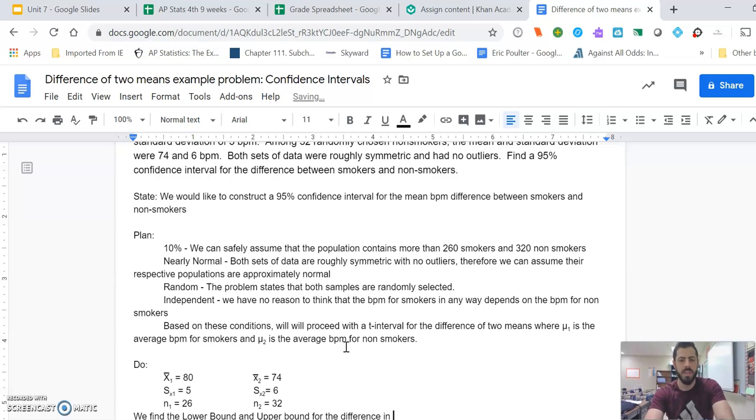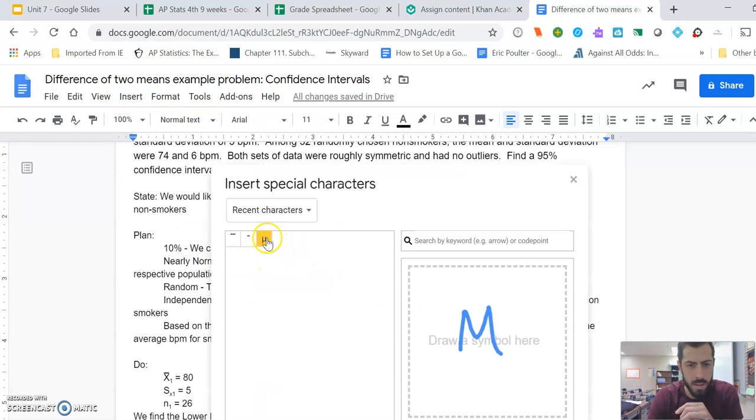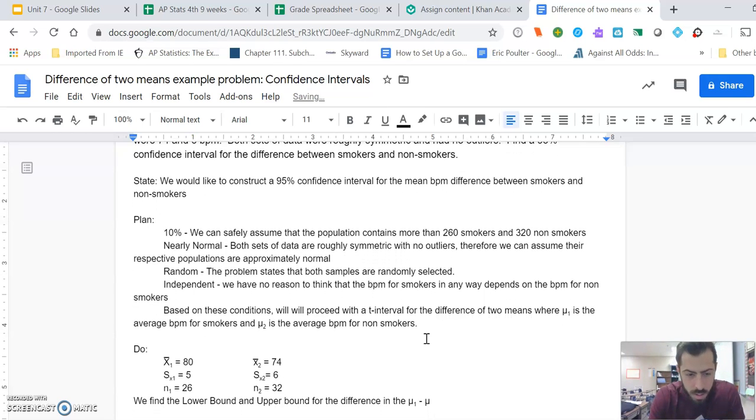I'm sorry, for the difference in the, I'll use the symbols, in mean 1 minus mean 2 to be 3.1 and 8.9 respectively.